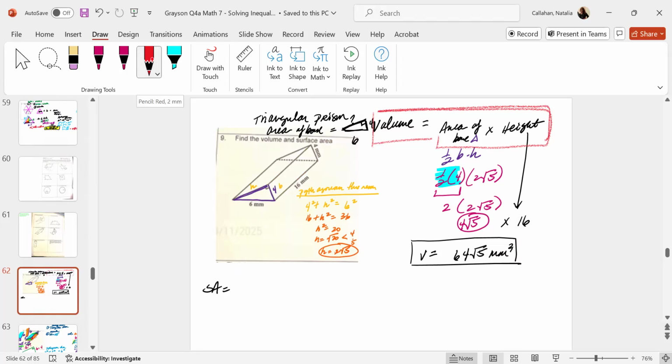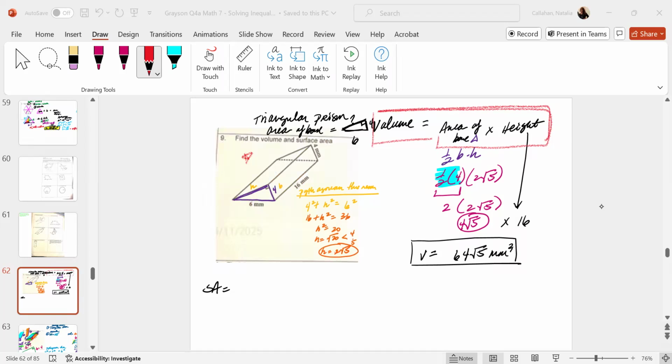And draw this picture. When you're looking for surface area of prisms, you're looking for faces, like surfaces, right? Surface area, so look.